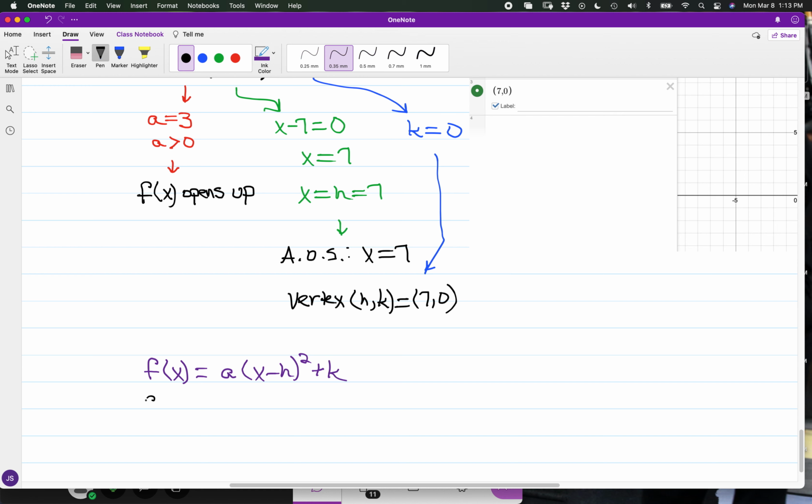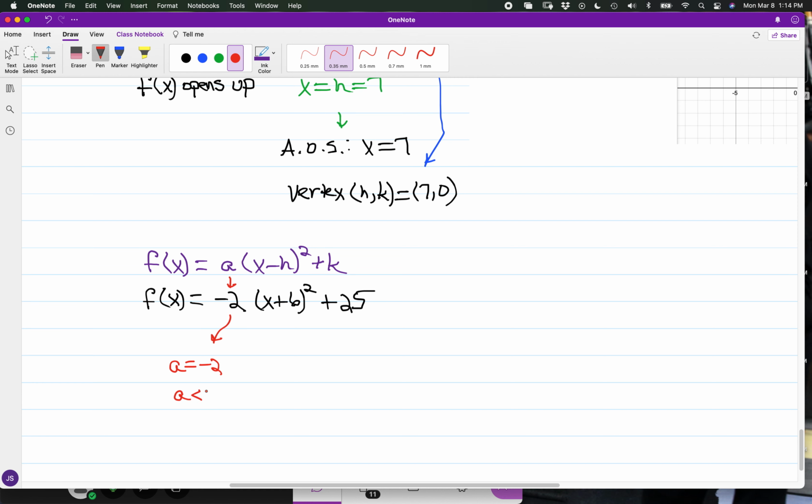So at the front, representing a, we have a is equal to negative 2, and the sign of a is negative. So this means that f of x is going to open downward.